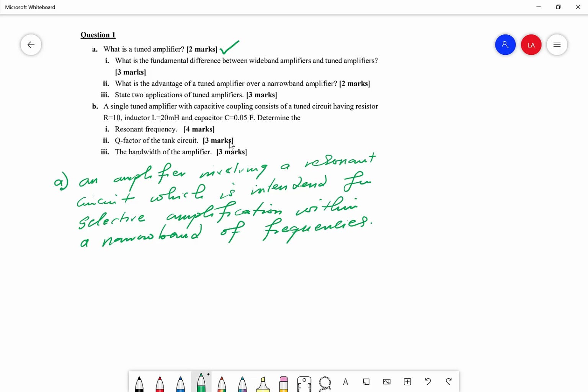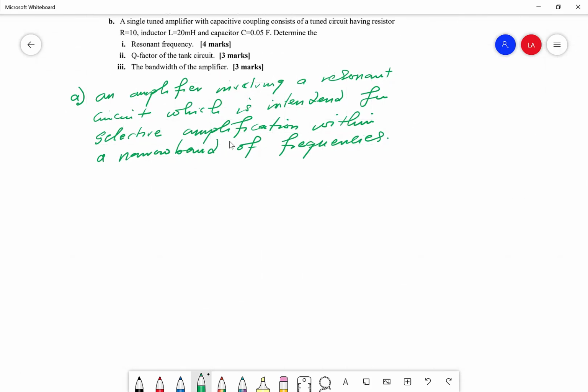Then the next question is, what is the fundamental difference between wideband amplifiers and tuned amplifiers?